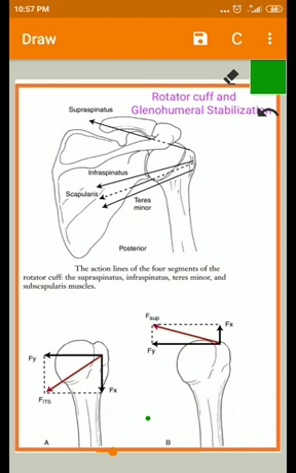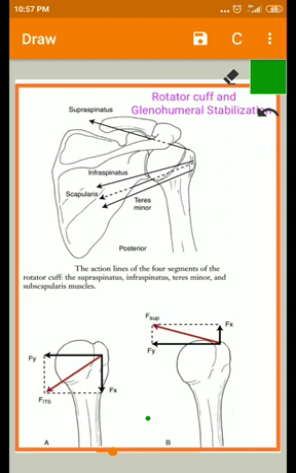That means we can see anterior and posterior translations of the humeral head during motion. Okay. Now coming to the supraspinatus, how does the supraspinatus help in glenohumeral stabilization?